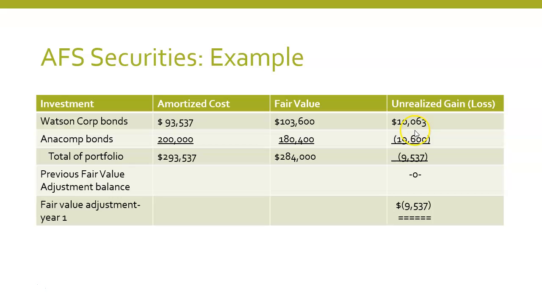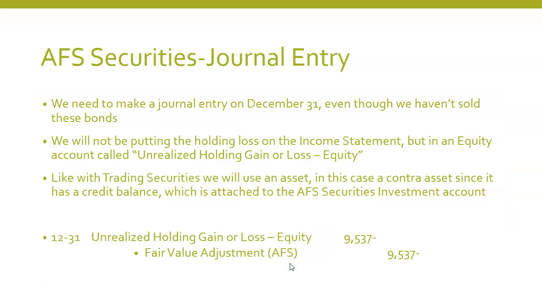Here's the unrealized gain or loss that we earned on each one, and in this case, we have an unrealized loss total. We don't have any adjustment from last year, so for our first year, we have an unrealized loss of $95.37.